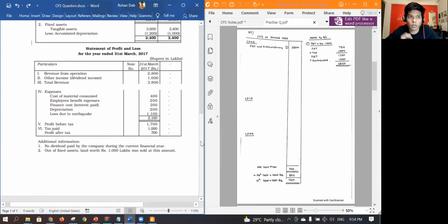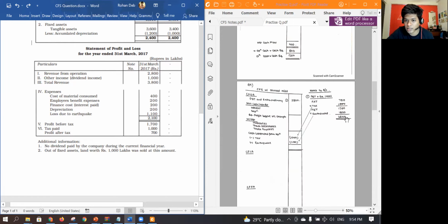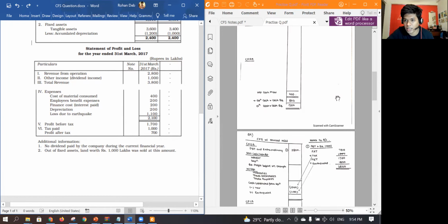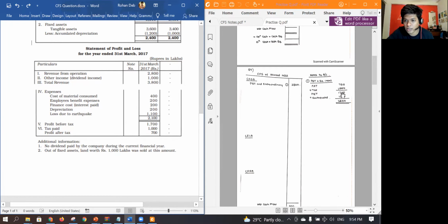So I need to find out what is my cash generated from operations. It will not give me an accurate figure if it's less by 1100. So I have to add this back. You can see here, I've changed it, 1100. So 1700 plus 1100, 2800, and you put this here. So that's my first line item.